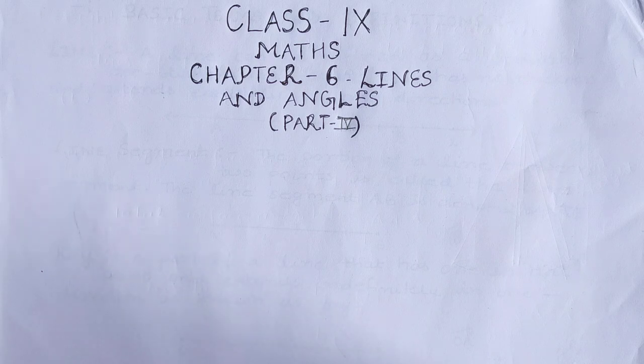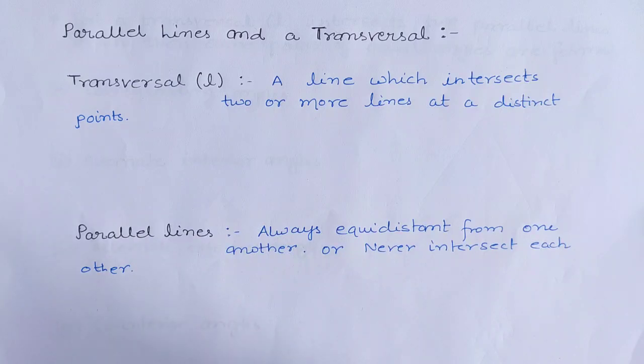Now in this part we are going to cover all the concepts that we will use to solve the questions of exercise 6.2. Okay, so let us see our first topic, and that is parallel lines and transversal.